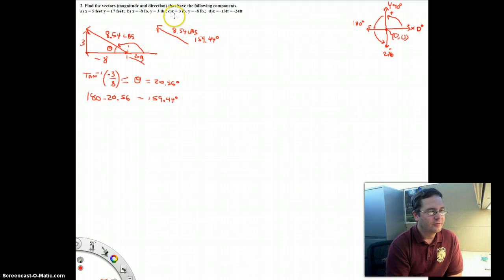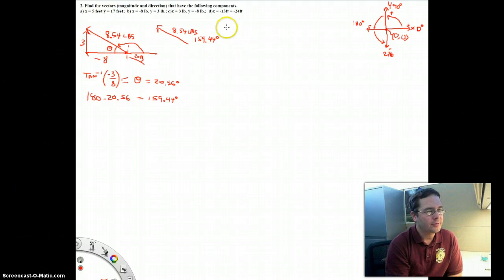Now, part C of this problem is a very similar scenario. You'll notice, though, that they've just switched basically the directions of the forces. Well, that means that basically I can just take this triangle and roll it around until I get it in a position such that the vector with length 3 is pointing to the right in X, and the vector with length 8 is pointing downward in Y. So I don't have to redo all the math here. I can just simply redraw this.